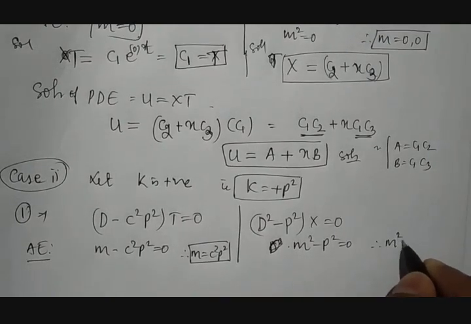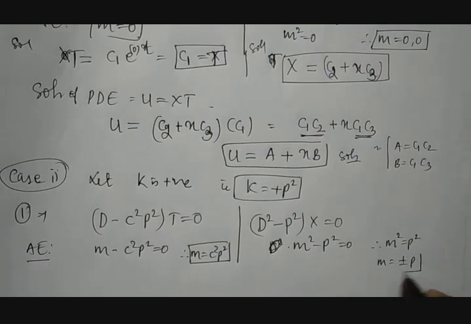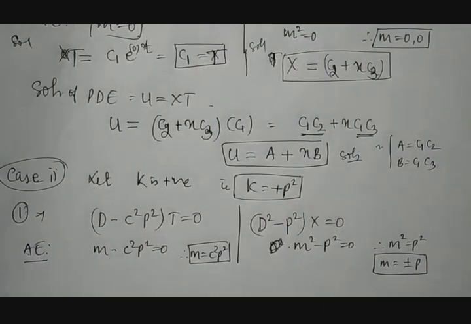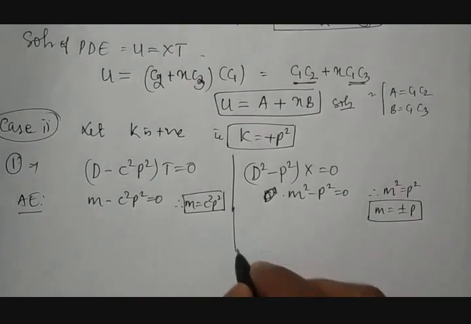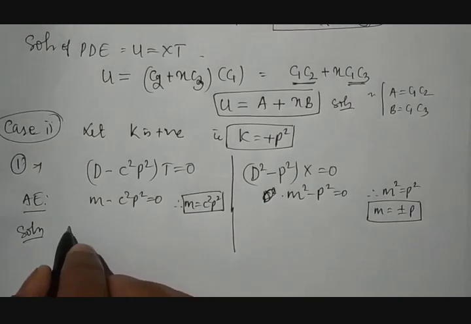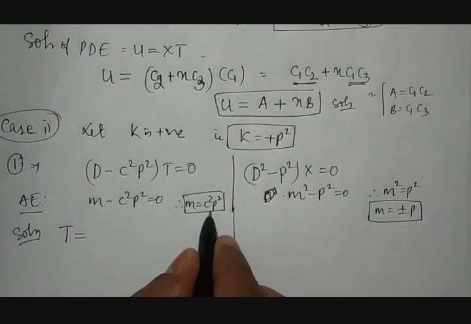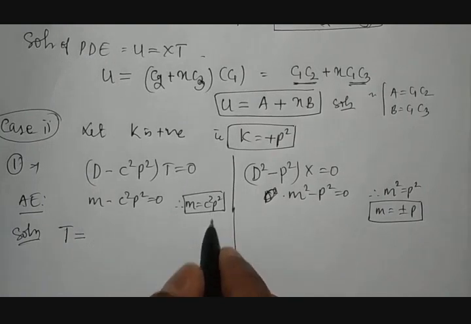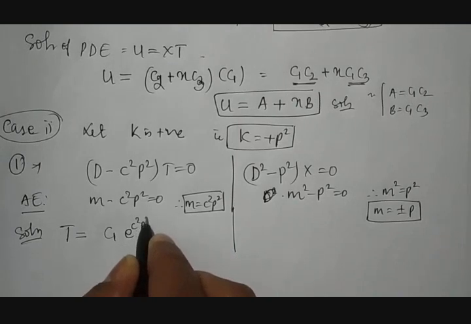Therefore M square is equal to P square, so M is equal to plus or minus P. These are the roots. Therefore, as per the roots, what are the solutions? For T, since there is only one real root, C square P square, it is C1 into e raised to C square P square T.